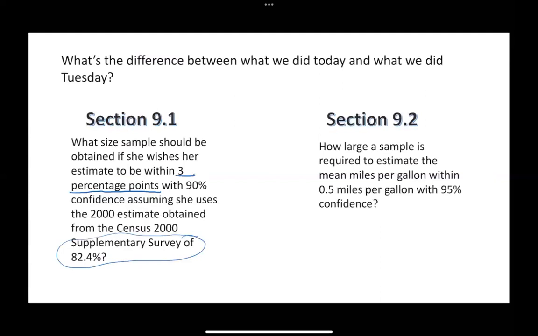And this is the previous p hat times 1 minus p hat, and then it is Z over E squared. This is how you would find your N. And then for this one right here, you're going to see the word mean in there. Whatever they want your margin of error to be, the units will be similar to what your average is. So your average is going to have units, and your margin of error is going to have units.